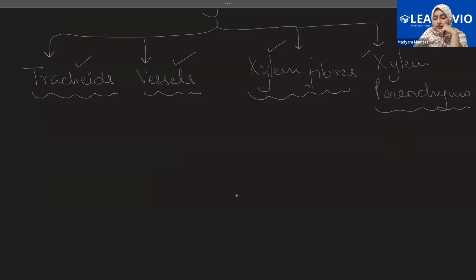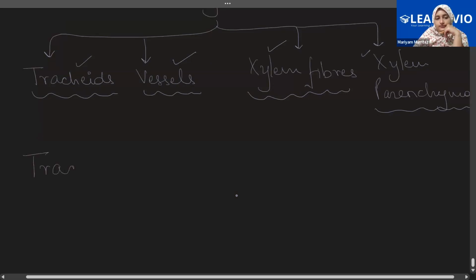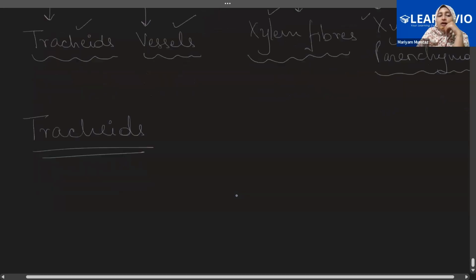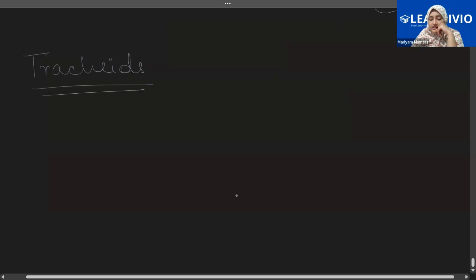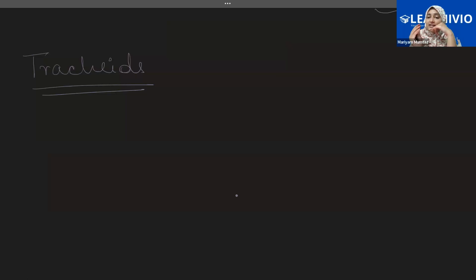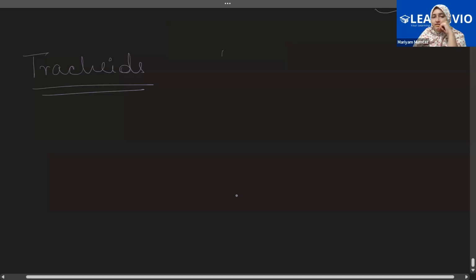Now talking about the tracheids. First we'll write the characteristics. Tracheids are elongated cells, they are flat, and they have tapering ends. Tapering means, for example, if this is the cell, then tapering means pointed or thin ends like this.